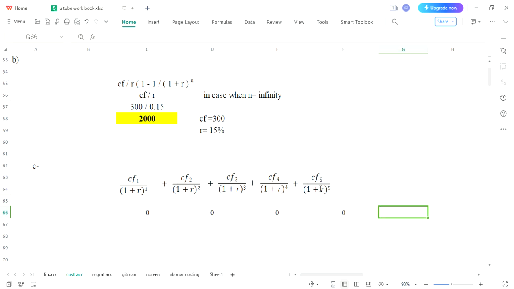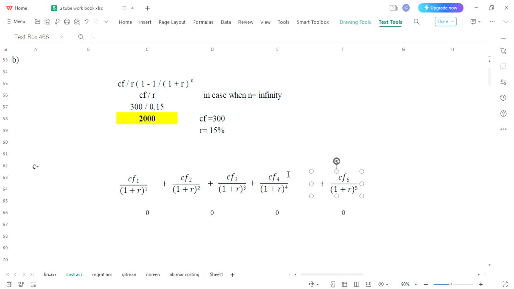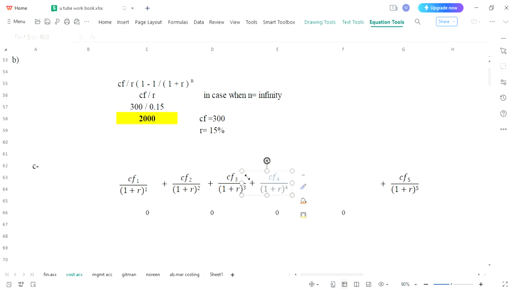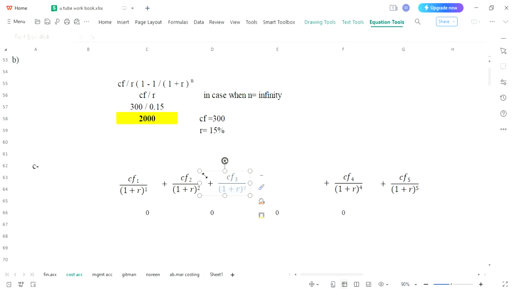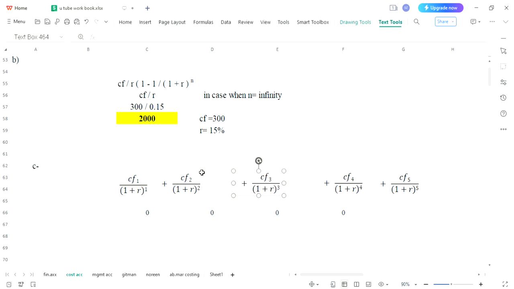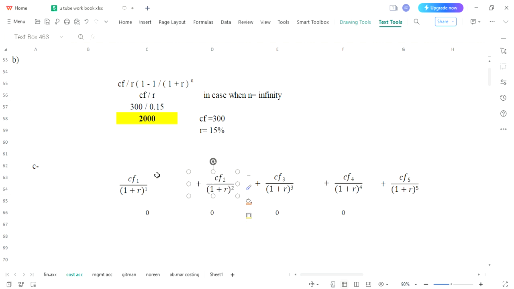Okay, let's bring it over here. This is your fifth cash flow. Why are we getting 0 answer? Because the first 4 cash flows had a value of 0. So when you divide 0 with whatever value is written in the denominator, you will get the answer as 0.